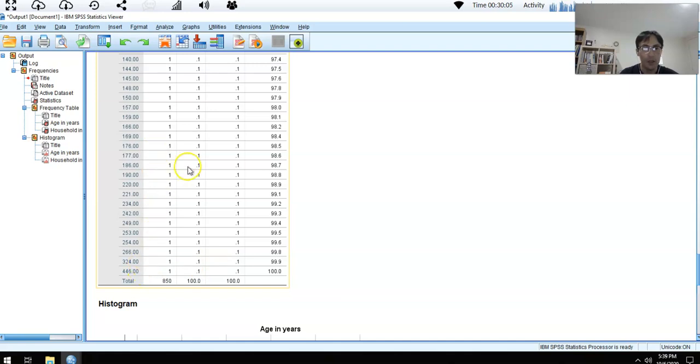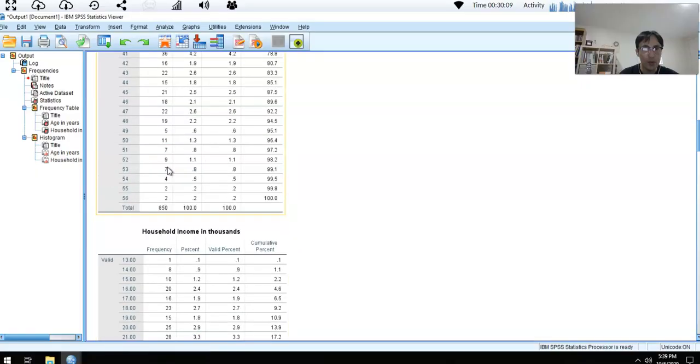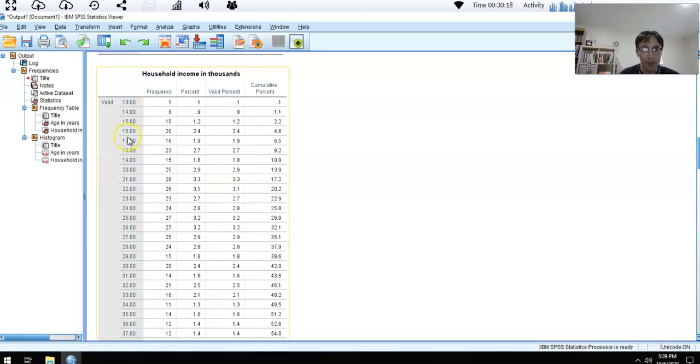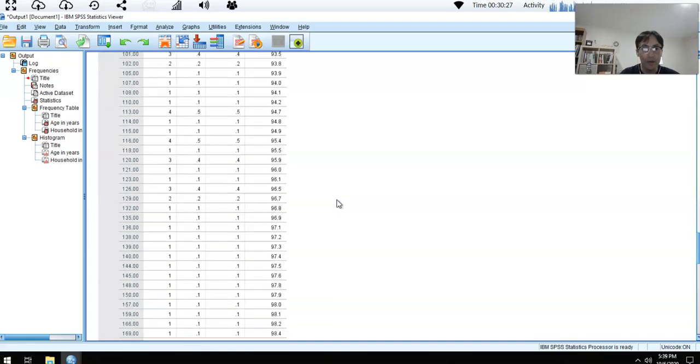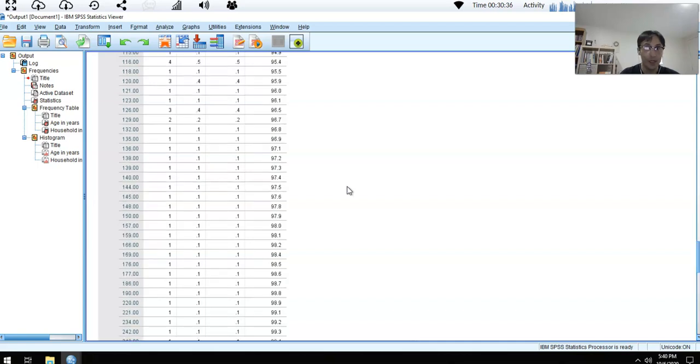So look at this. Relatively many people are piled up into the lower range of values. Look, 13,000, 20,000, 29,000, lower levels of income, while a very small number of people are scattered around the higher range. So it is what it is.